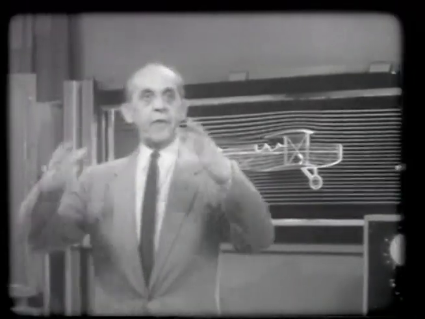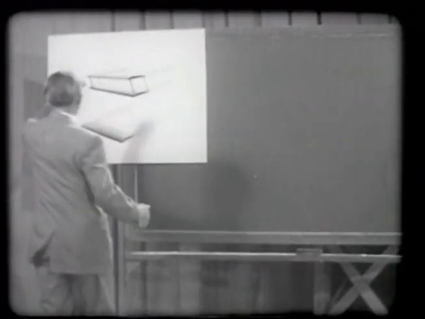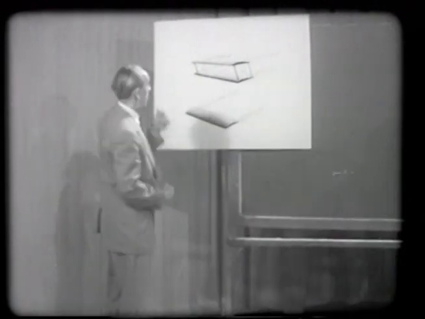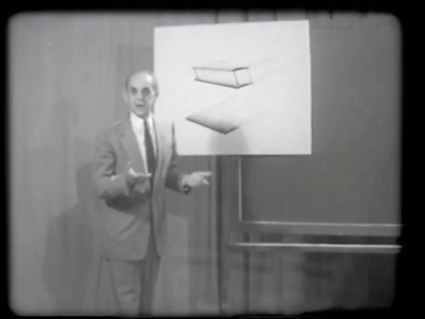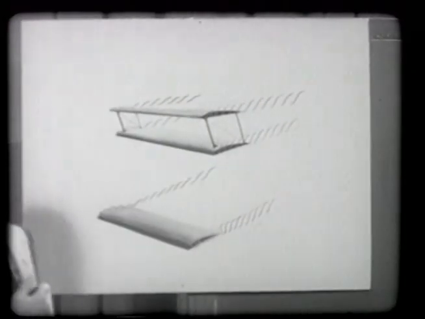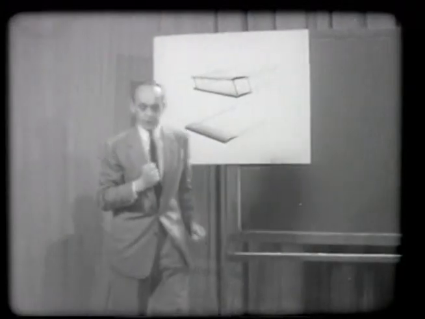Now, if you have a structure with two superimposed wings instead of one wing, then you necessarily have, instead of two wingtip vortices, four wingtip vortices.